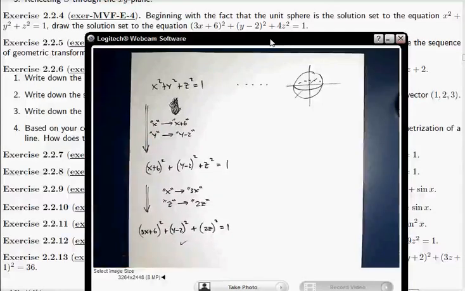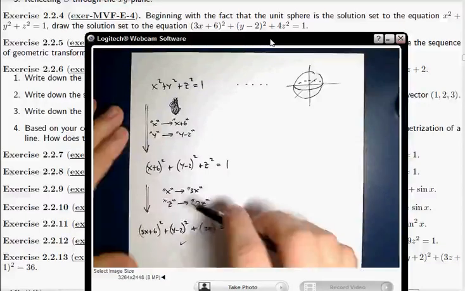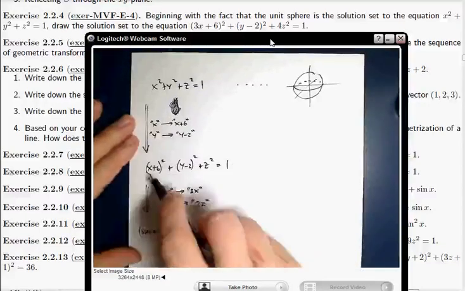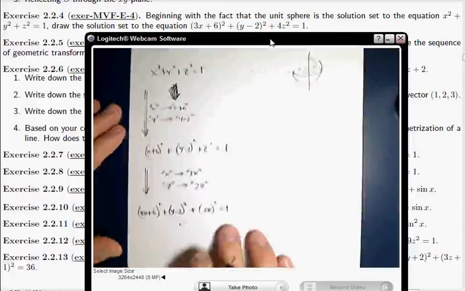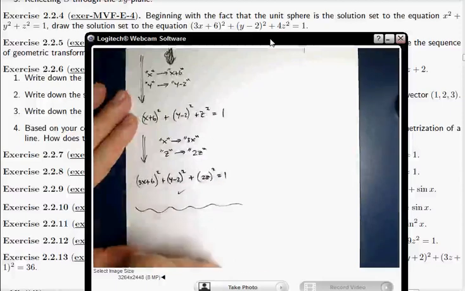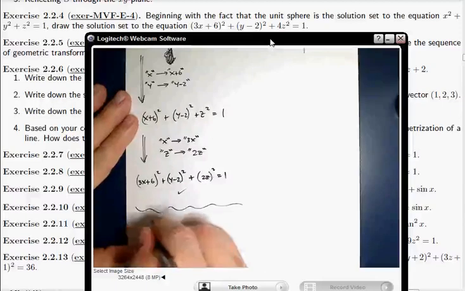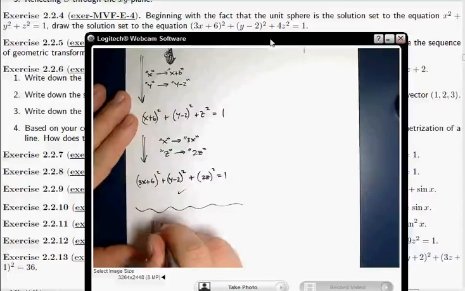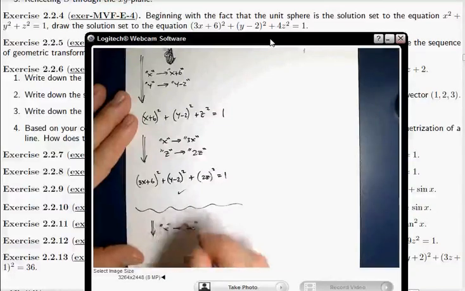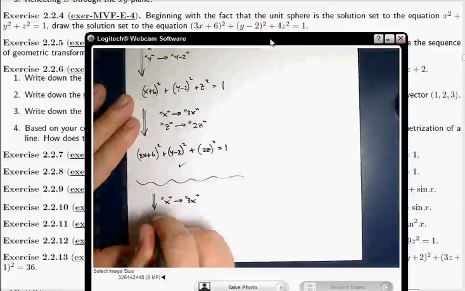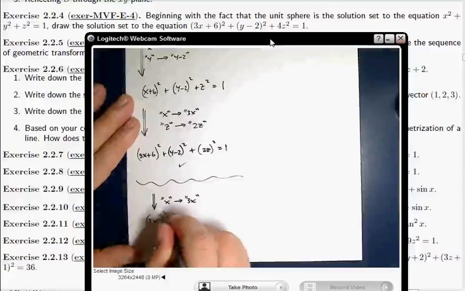Now it's tempting to go in the other order, but what you want to keep in mind is that if I were to put the 3 here first, I don't want to get in my own way there. So let me say hypothetically, if I were to start by replacing x with 3x, then I would get 3x squared plus other stuff.